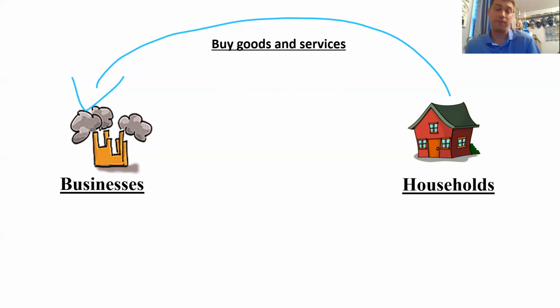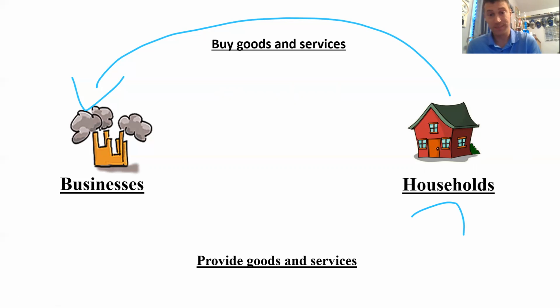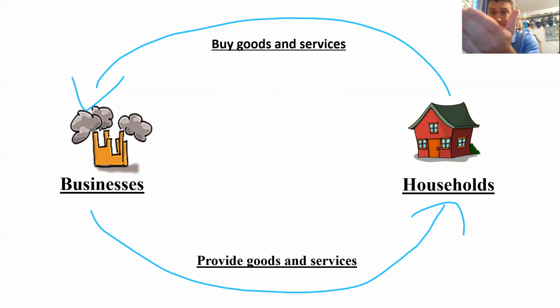It could be anything like that. That's the first element here, households buying goods and services from business. And the second part of it is that the businesses provide goods and services to households. So we buy them, and businesses provide them.